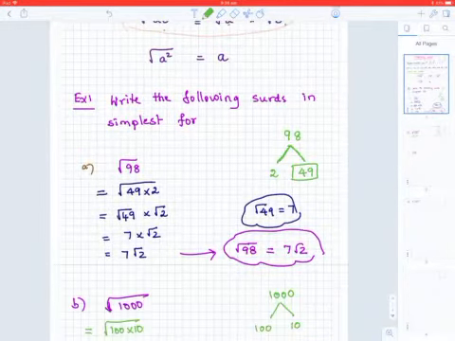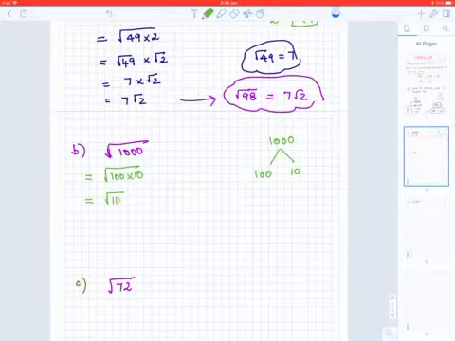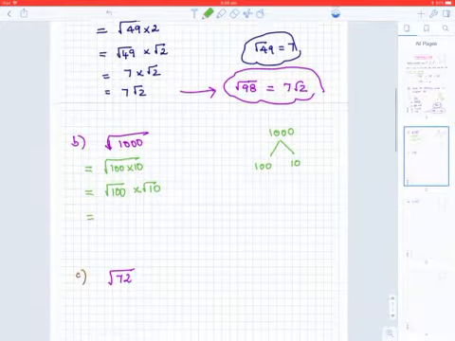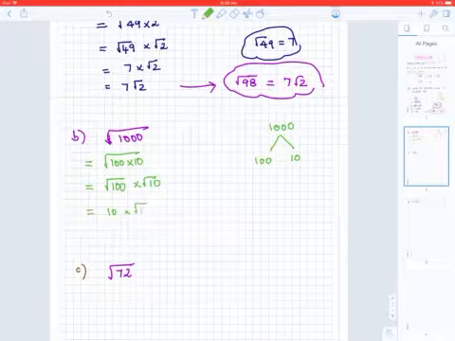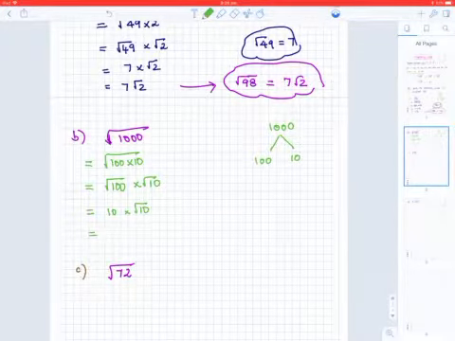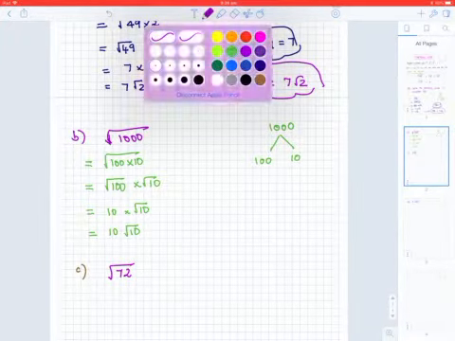Using the law again, square root of AB is square root of A times square root of B, that could be written as square root of 100 times square root of 10. And of course square root of 100 is 10, times root 10. That could be written as 10 root 10.